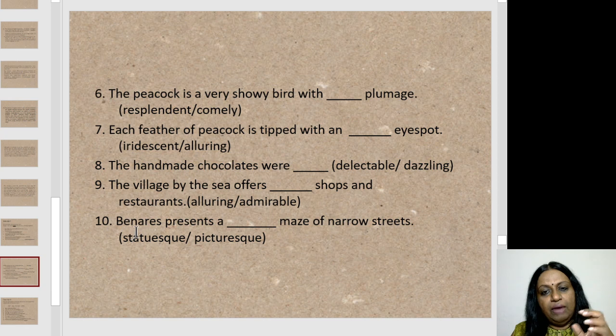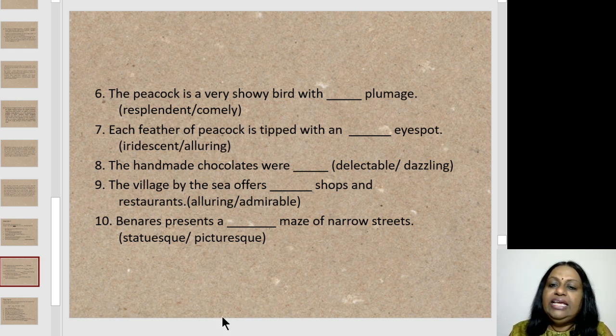So when you get these kinds of fill in the blanks or gap fills, and you have these choices, these are synonyms, both meaning almost the same thing. You need to use the appropriate word. So put it in context and see which is more appropriate, and then it becomes easy for you to pick the right word.